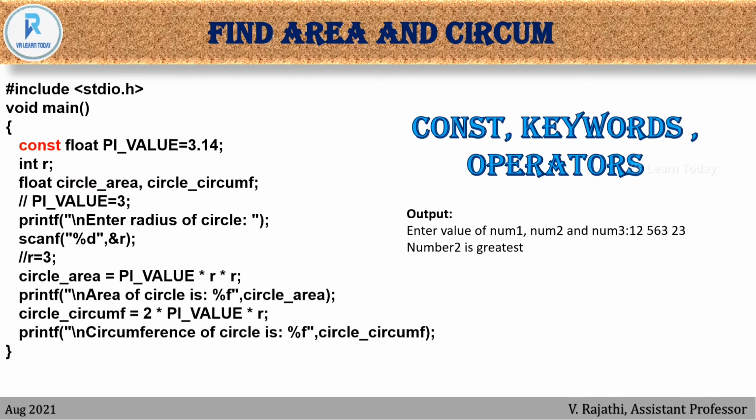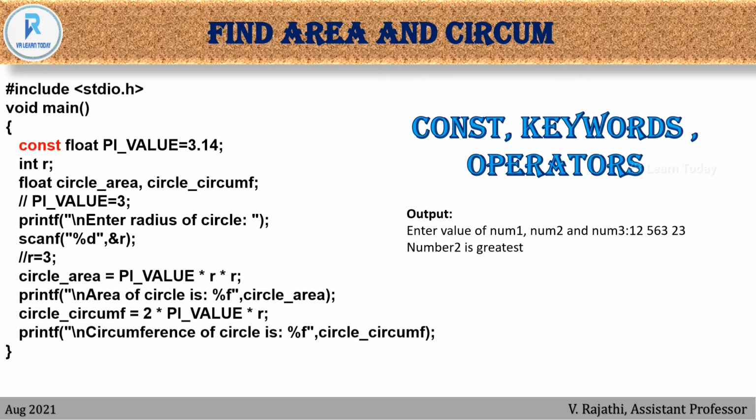I think in the first video we discussed comments: single line comment and multi-line comment. A comment is only for the understanding of the user, and the compiler simply ignores it. If I try to change the pi value to 3, it will not allow it, because we declared the pi value as a constant.